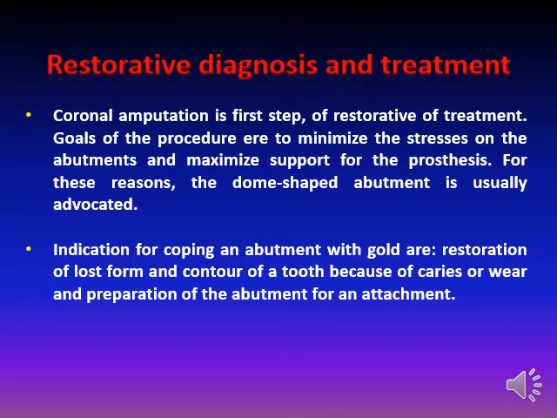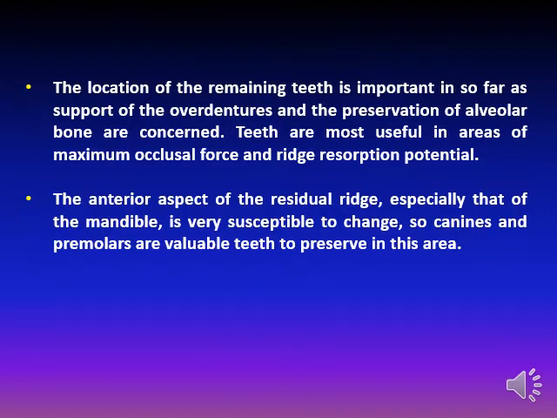Indications for the coping and abutment with gold are restoration of lost form and contour of the tooth because of caries or wear, and preparation of the abutment. The location of the remaining teeth is very important, as said before, insofar as support of the overdenture and preservation of the alveolar bone are concerned.